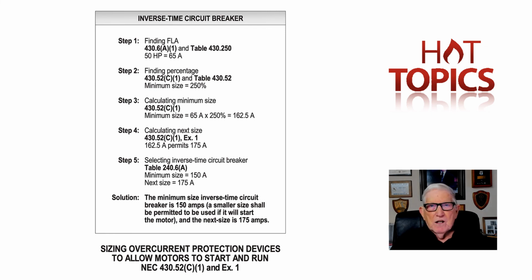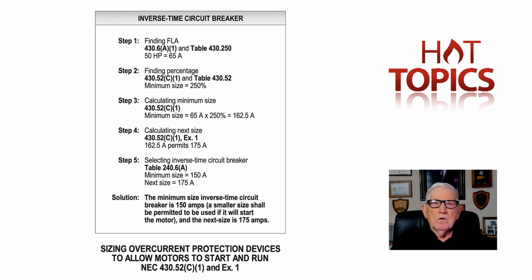It'd be a round down size from there. However, if the full load current of the motor was over 100 amps, then we could only go up to 300%, again with no exception to round up. So the question always comes, what would we do if none of these percentages would allow the motor to start?